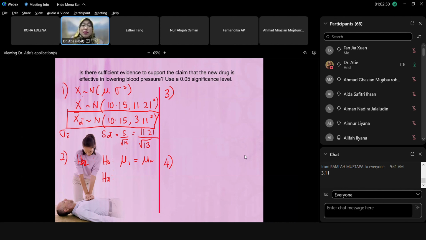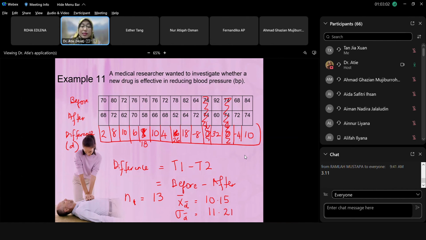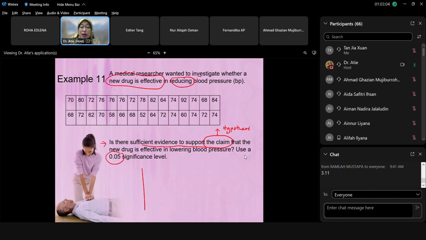So in our case, we want to claim if the medication is effective in lowering the blood pressure. So for sure, we have before and after, right? The BP before, the BP after.